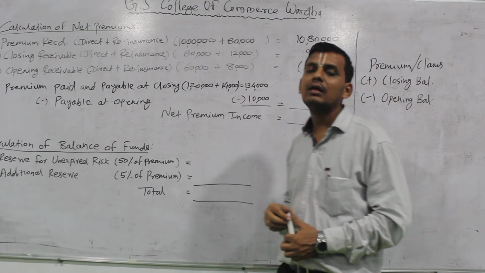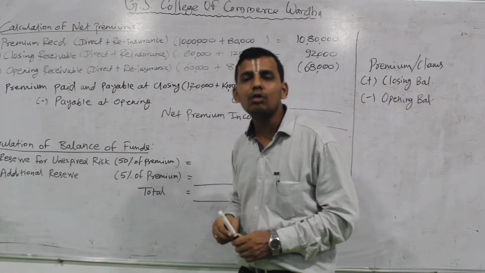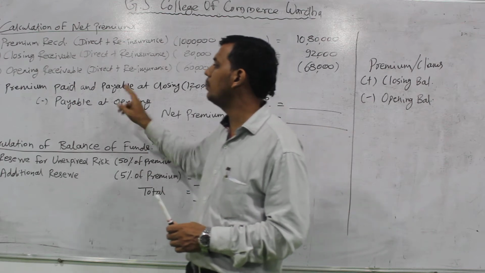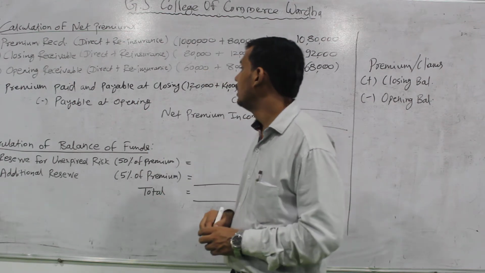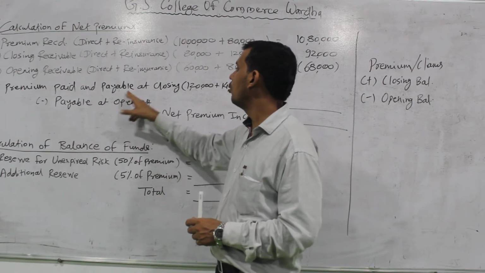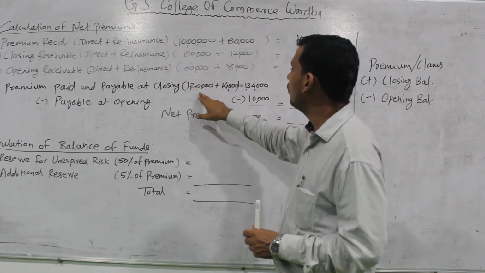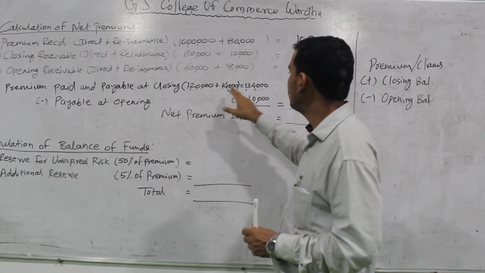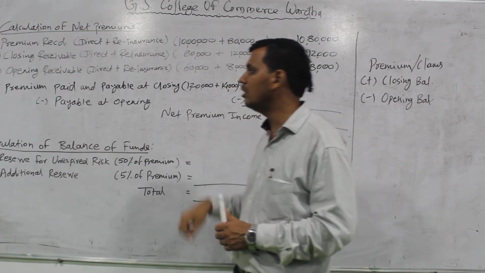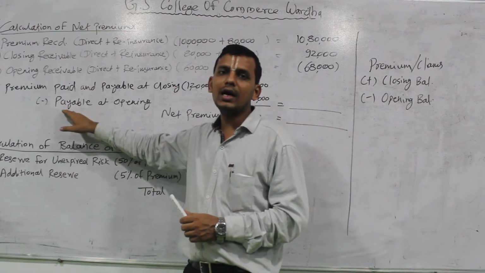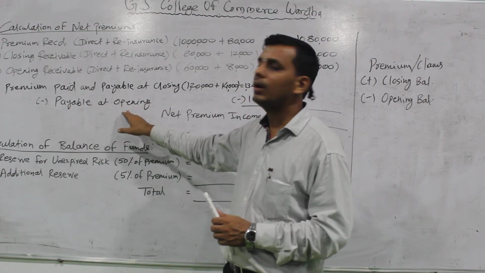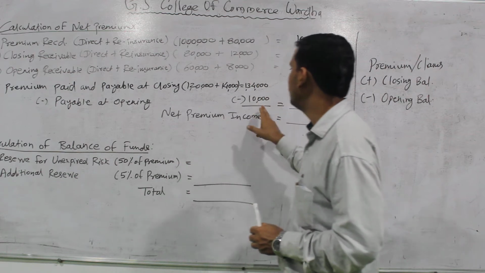Along with this, opening and closing balances are provided for the premium payable by the company. The premium payable closing balance is rupees 14,000. As it is to be added, 1,20,000 plus 14,000 is equal to 1,34,000. We have to deduct the premium payable opening balance, which is rupees 10,000.